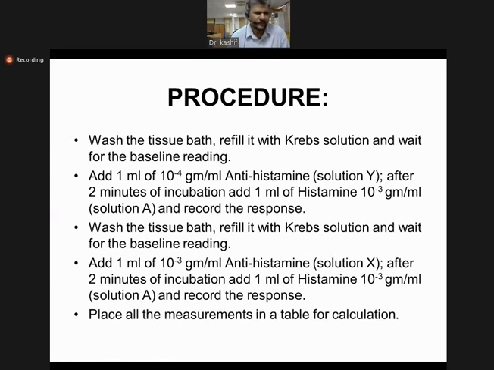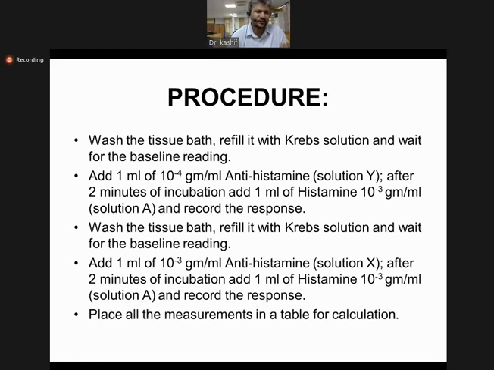What is the difference in the procedure while we are adding the drugs? So how do you add the drugs? First you add the histamine, you take the baseline reading, and take the contraction. Usually here we use only one dose of the histamine, not different doses, because that would complicate the process. So when we use the antihistamine, we use only one dose of the histamine.